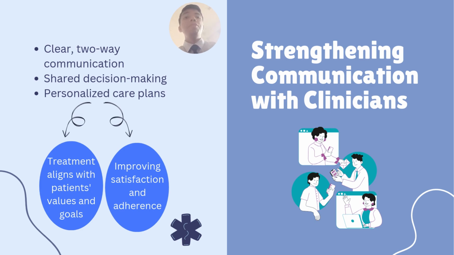These solutions help to align with patient wishes and goals, helping patients get better from health issues like diseases, and also improving satisfaction and adherence, which means the patient can see whether the condition is good or not. If it is good, the patient will be satisfied.